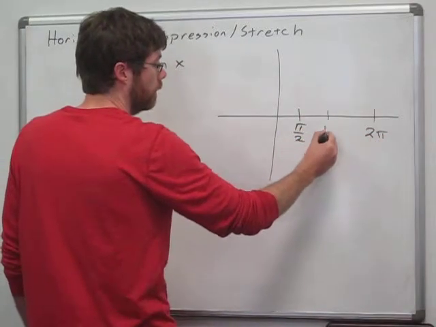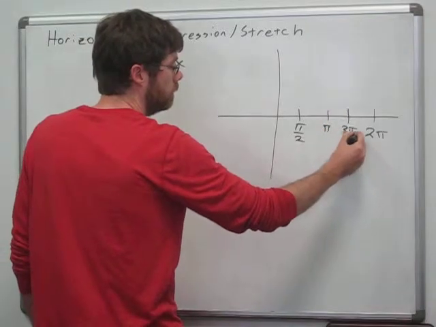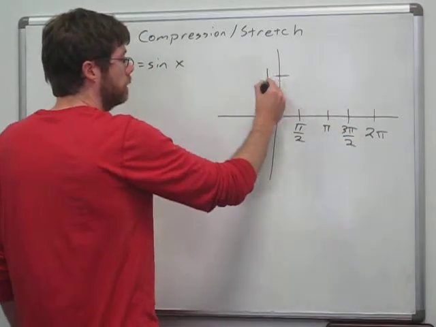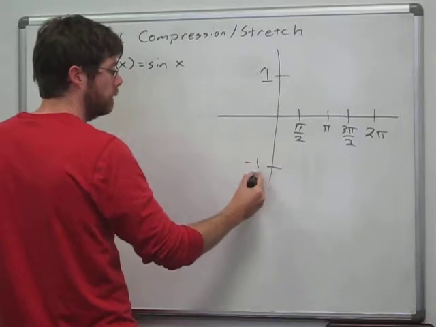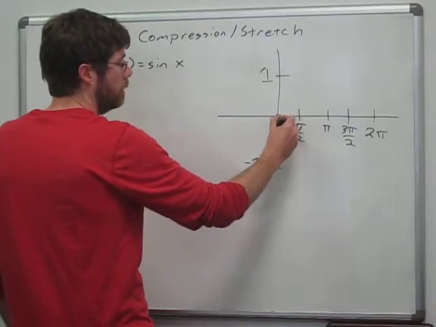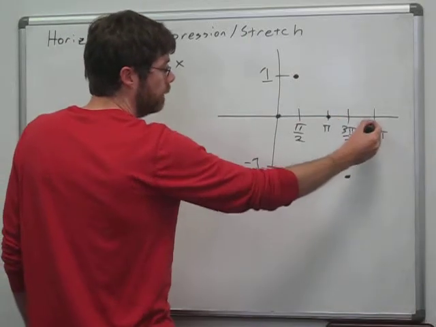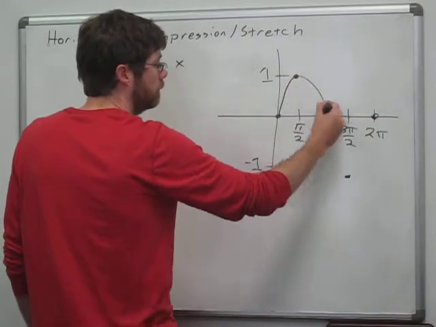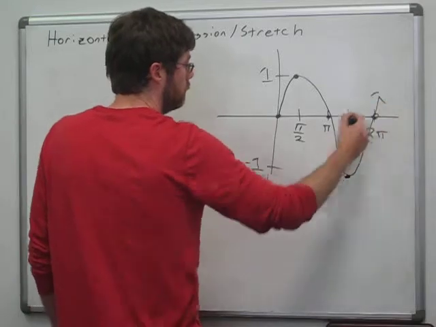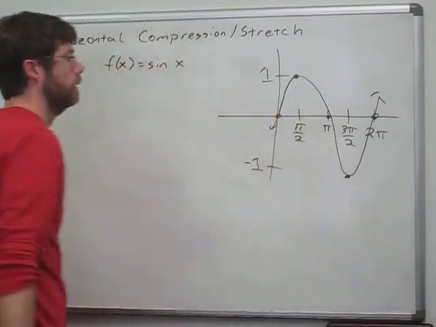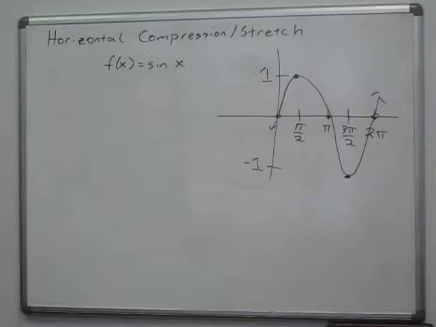I'm going to cut that up into quarters. It's got an amplitude of 1. So the peak is going to be up at 1, and then it drops down to -1, back up to 0. And that cycle there is just going to repeat in both directions.